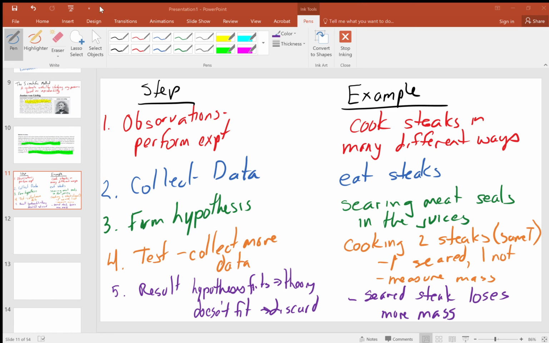So then why do we sear a steak? Well, we do it for an entirely different reason. And what is that reason?